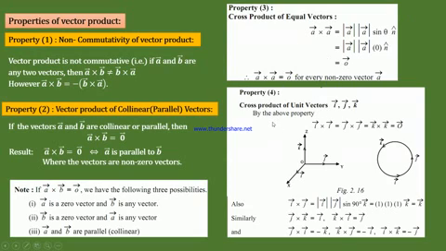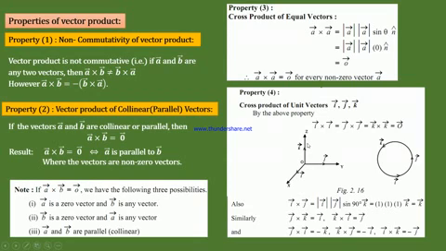Next, property number 4, cross product of unit vectors. The unit vectors are i, j, k for the 3 dimensions. By the above property, i cross i is 0, j cross j is 0, k cross k is 0. That's why i cross i, j cross j and k cross k are equal to 0 vector. Now i cross j gives a k vector.